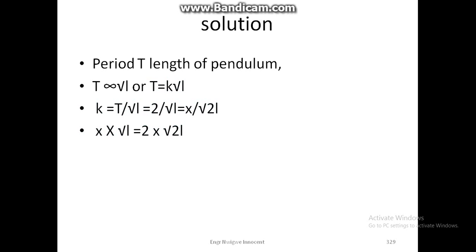X is now equal to 2 times square root of 2 times square root of l all over square root of l. Square root of l cancels out, leaving us with x equals 2 times square root of 2, which will give us 2.83 seconds.